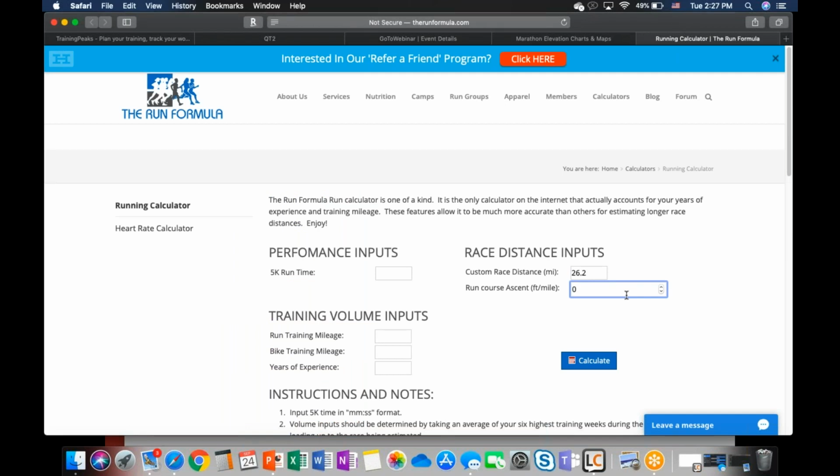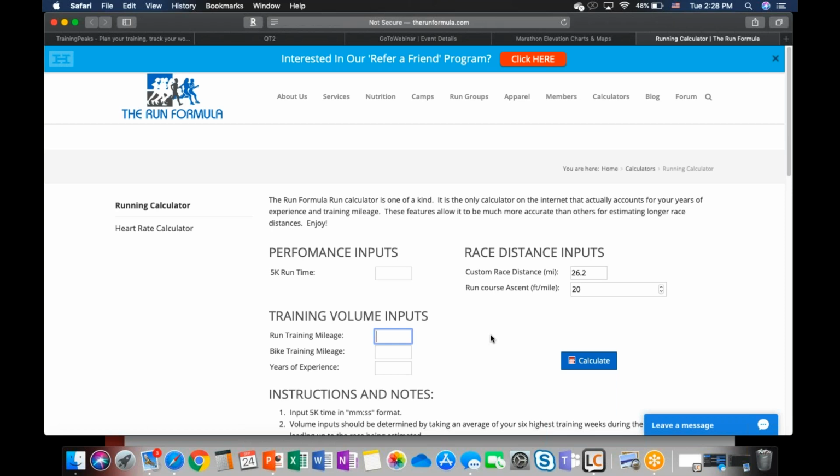Let me just do a little bit of calculation. 526 feet divided by 26.2 miles. So that's 20 feet per mile, which is not flat, and it's also not hilly. It's somewhere in between.